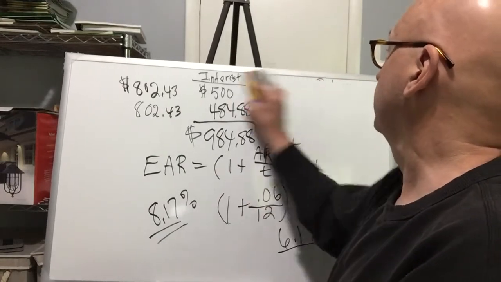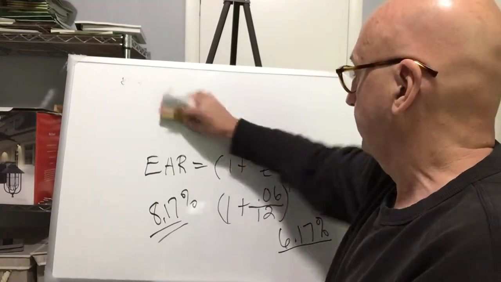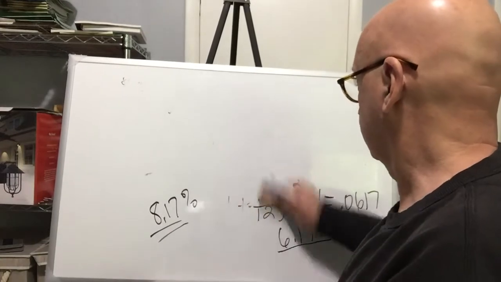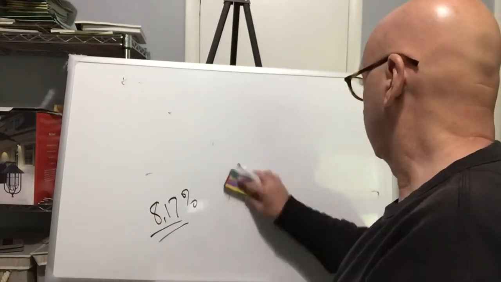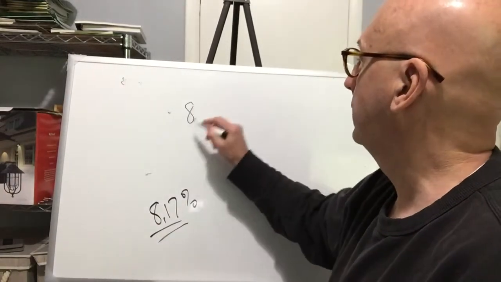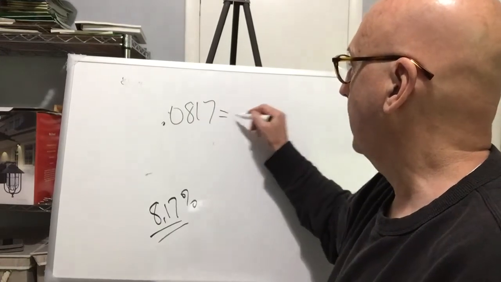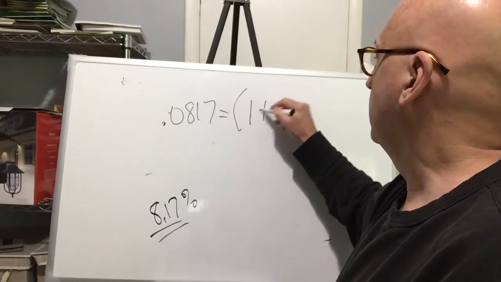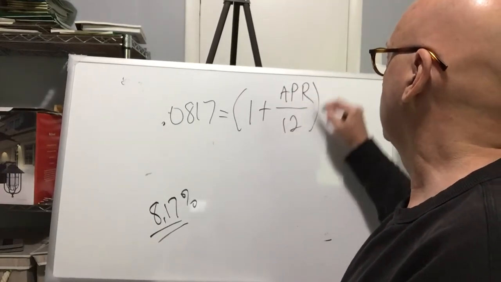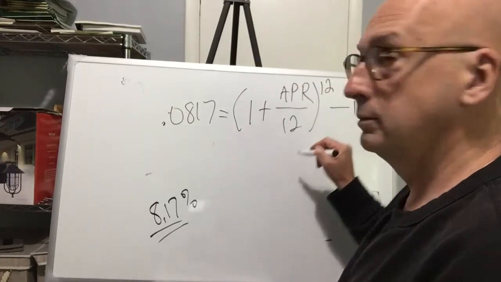So 0.0817 would have to be equal to 1 plus my APR divided by 12, to the 12th power, minus 1.